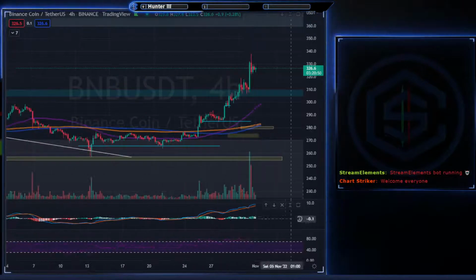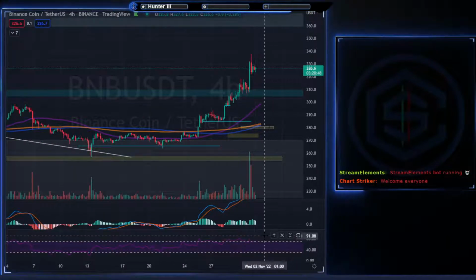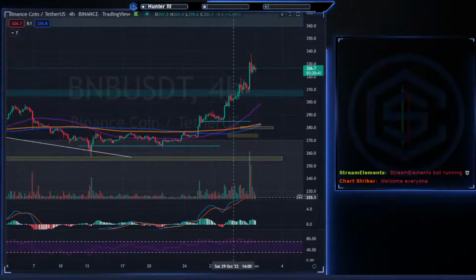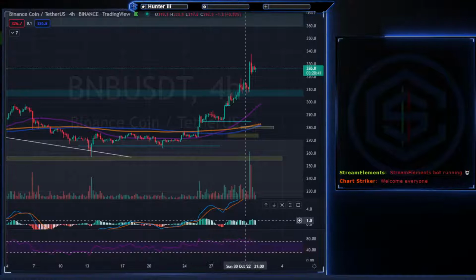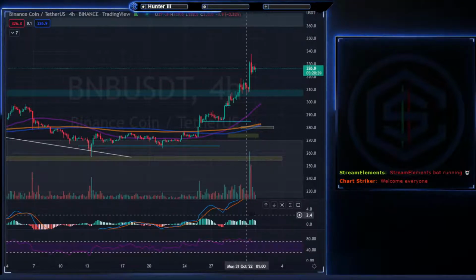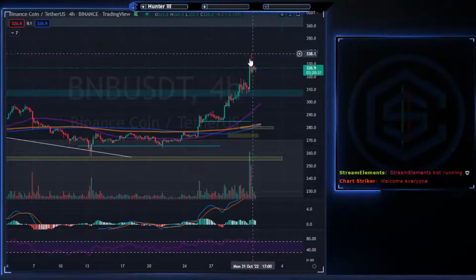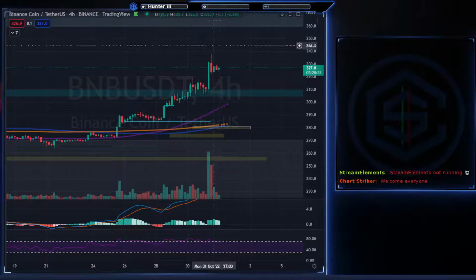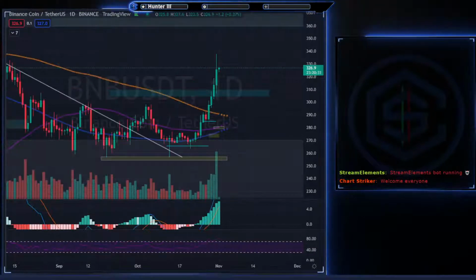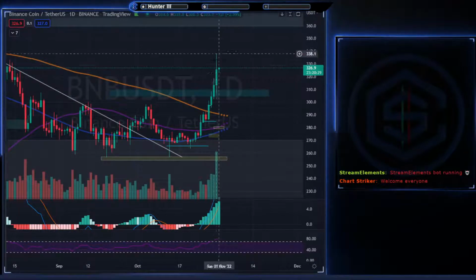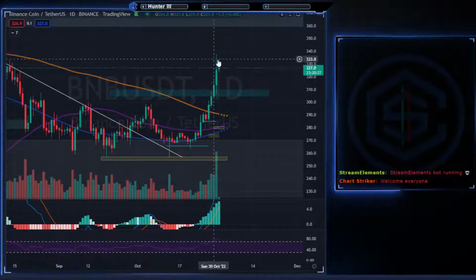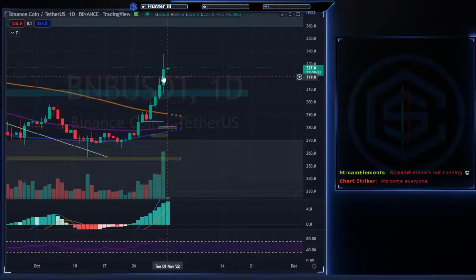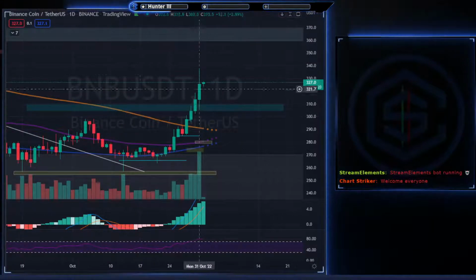Let's have a look at the 4-hourly as well. Yeah, very clear bearish divergence going on, okay? This is not a bullish close. The daily prior candle did not close that bullish. Just so you guys know, this is not so bullish, okay?